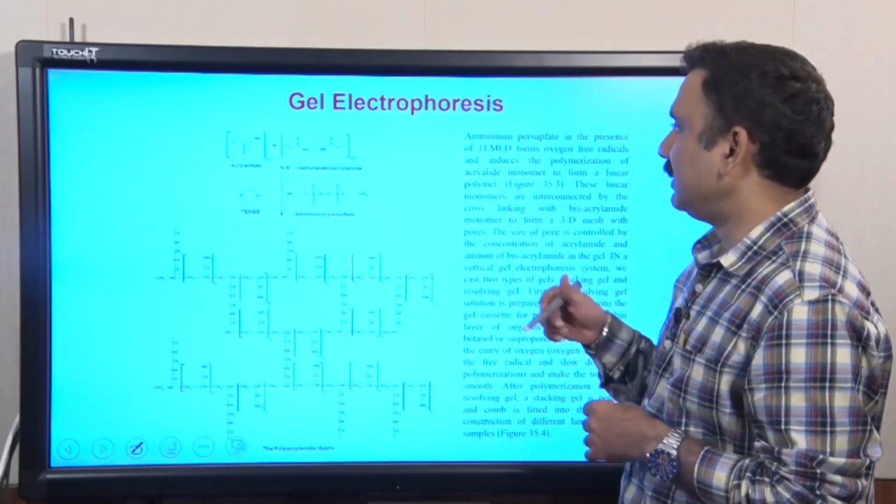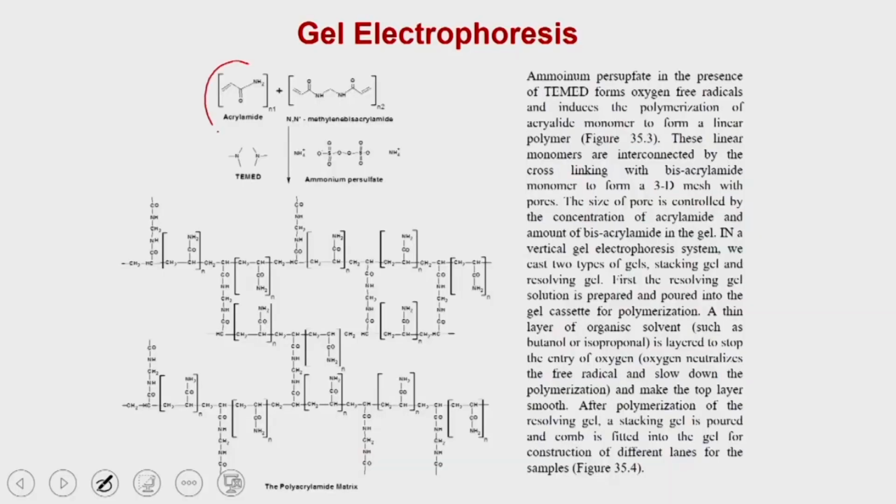How these molecules help to prepare the gel is that you have acrylamide, which is the monomeric substance, and bisacrylamide, which is the cross-linking agent.